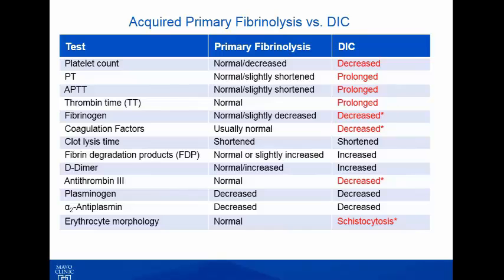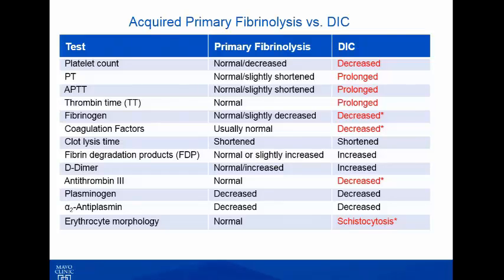For the DIC, because of the concurrent coagulation activation and also fibrinolytic cascade activation, you see very profound abnormality of clotting times, decreased coagulation factors, shortening of the clot lysis times, which is similar to primary fibrinolysis, and also decreased antithrombin, plasminogen, alpha-2 antiplasmin, and maybe at some sort of a later phase, we can see the schistocytosis by the peripheral smear review.